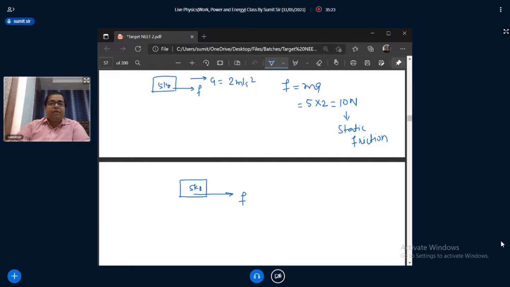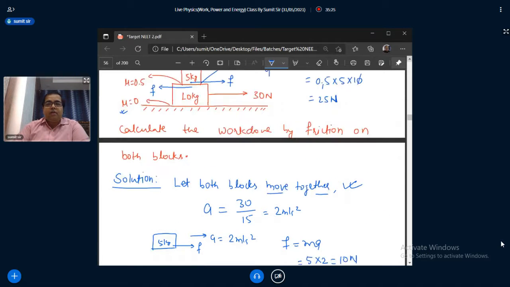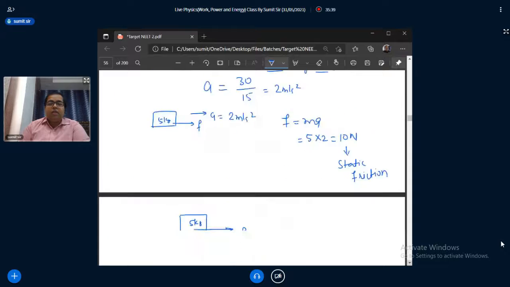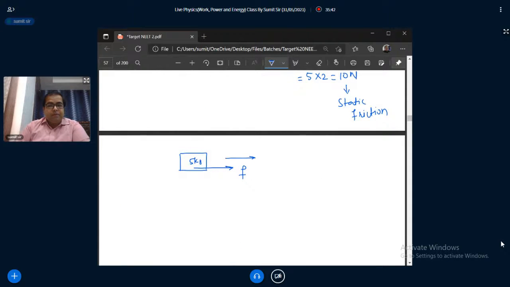This is friction, and I have not given you a displacement. For 10 meter of displacement, suppose. So displacement is 10 meter and F is 10 Newton. So work done by friction is 10 into 10, which means 100 joule.